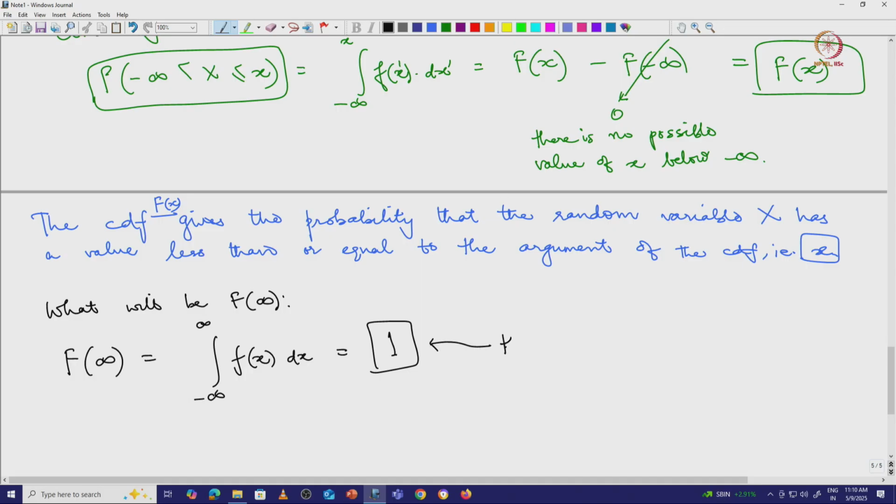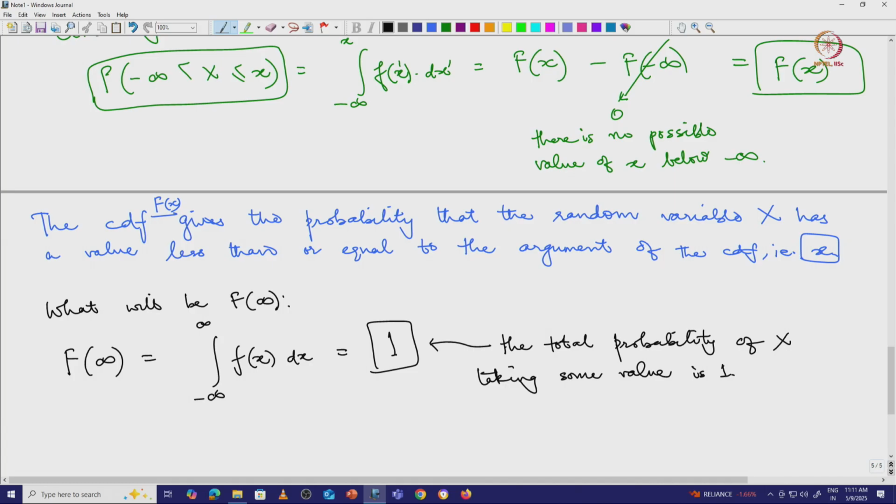Because the total probability of capital X taking some value should be 1. Of course, here we are assuming that capital X is a real random variable.